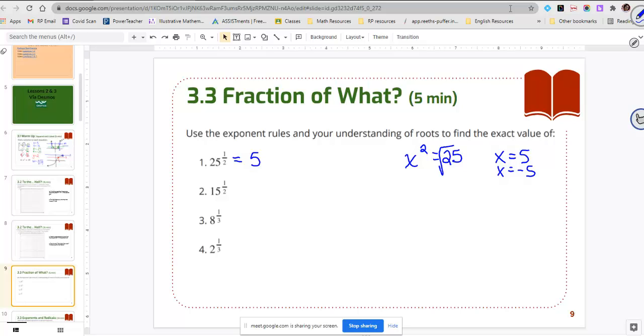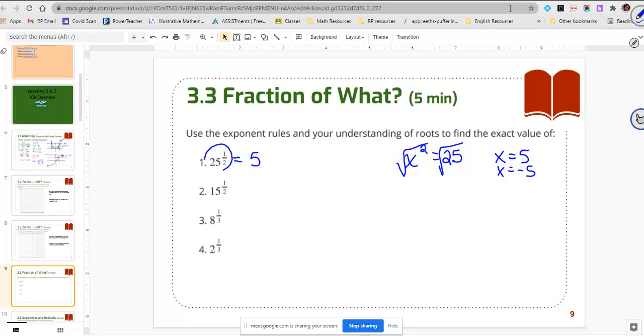Here we were doing the square root of 25, and we were coming up with 5 and negative 5. 25 to the 1/2 power equals 5. Here's the rule that we're going to use to show that.